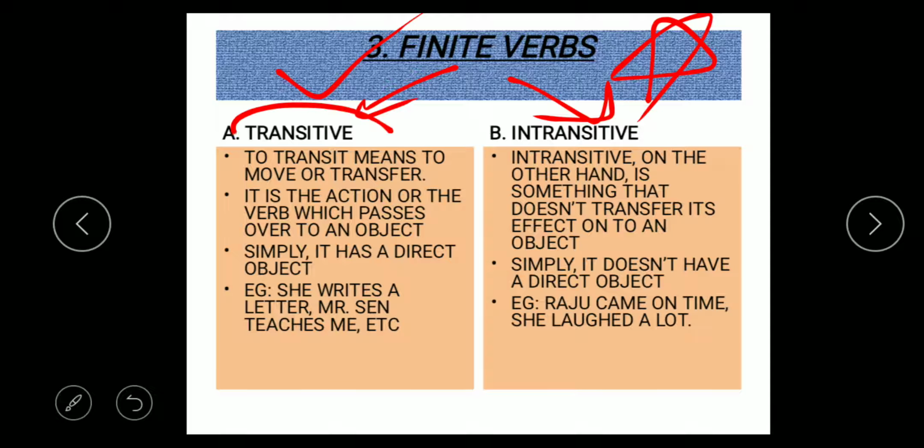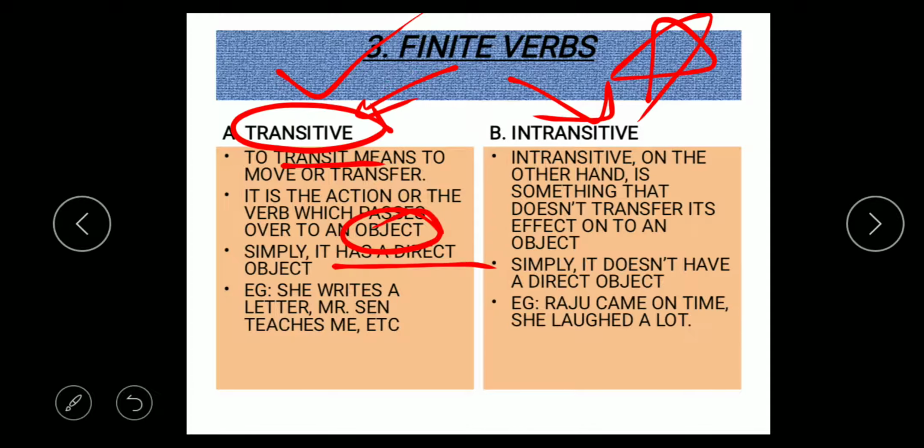From the word transitive, we can have an idea that transitive comes from the word transit, where transit means to move or transfer. It is the action or the verb which passes over to an object. That means it should have an object. Simply, it has a direct object.